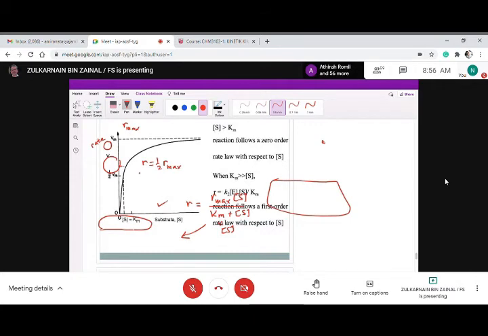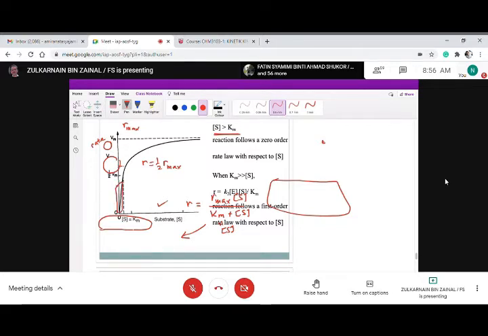Sorry, zero order, not first order. The reaction follows zero order rate law with respect to S when S is larger than Km, which is at the beginning here.